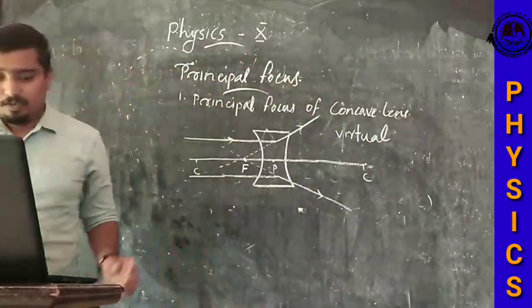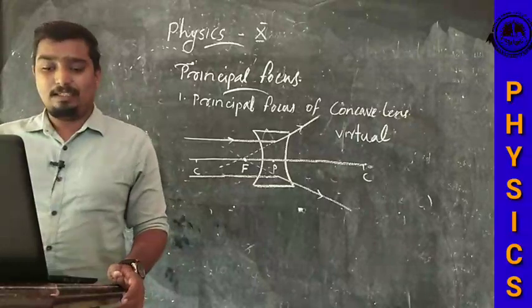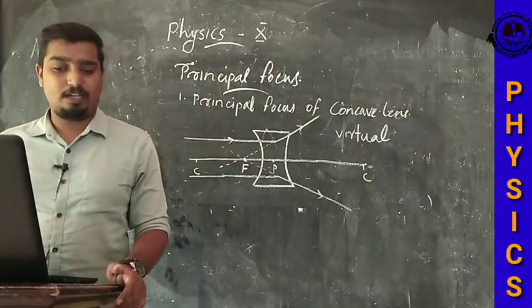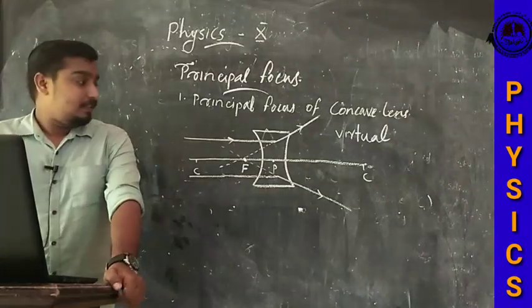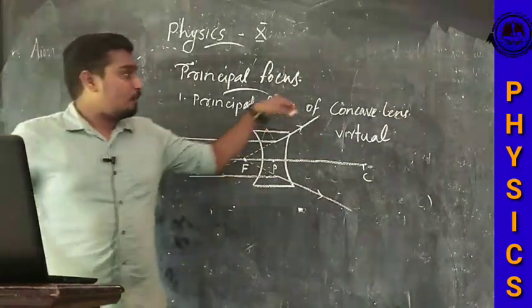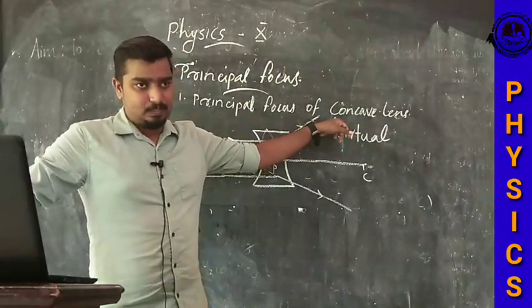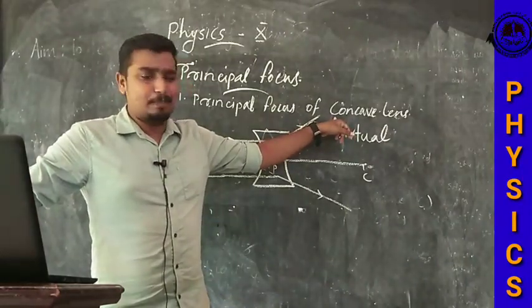In the case of a convex lens, the principal focus is real, not imaginary.